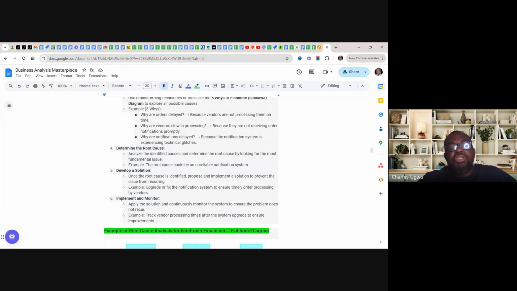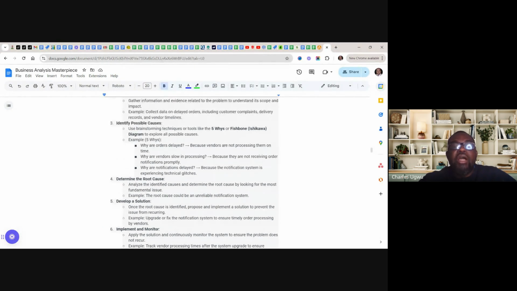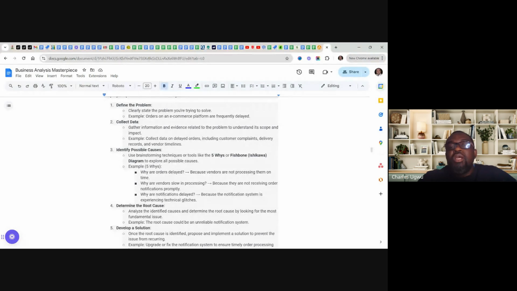So you see these steps or guide. If you want to perform a root cause analysis, you can apply this scenario, or just follow it sequentially, and it will give you a very good result. We've seen how we have been using gap analysis.